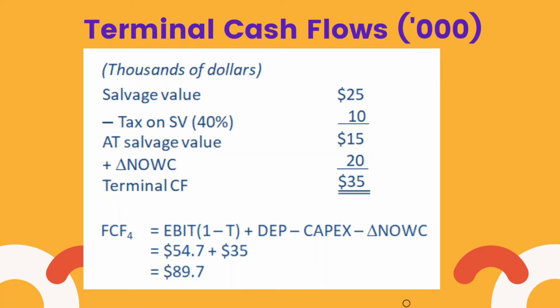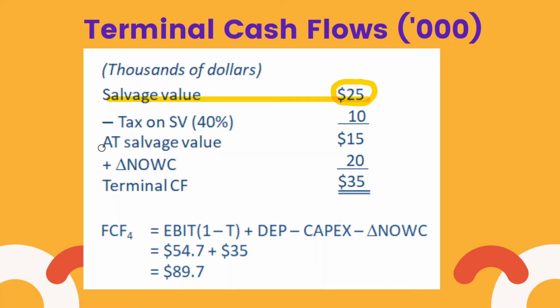For the third set of cash flow, it is called terminal cash flows. At the end of the project, the machines will have the market value equal to $25,000. This is the salvage value. We will think as if after the end of the projects, we might be able to liquidate or sell this asset and earn $25,000.